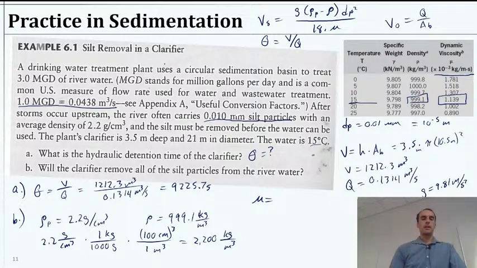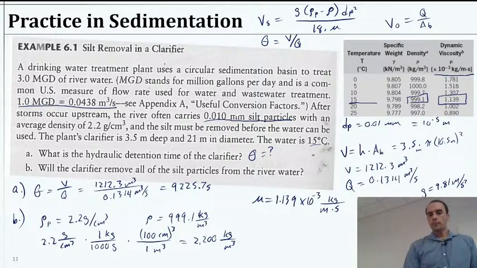All right, so I think I took care of most of the tricky stuff. The one last part might be remembering when you look up the mu here, that's 1.139, but checking the units, that's times 10 to the minus third kilograms per meter second, right? So 10 to the minus 3 kilograms per meter per second.